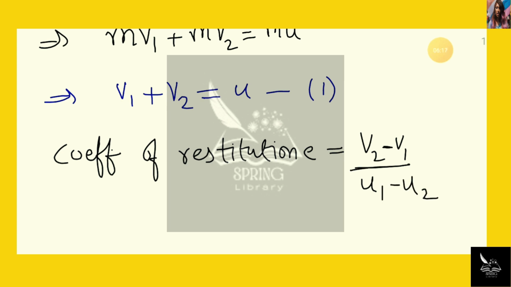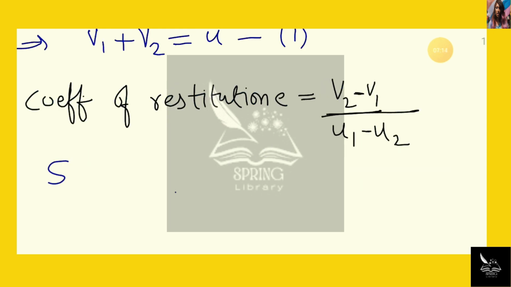Here we have to put the value of u2 equal to 0 and u1 equal to u in this formula of coefficient of restitution.